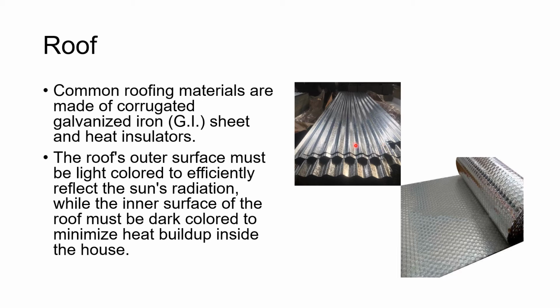And then, galvanized iron kasi itong material na to. And then, you also have yung heat insulator. So, yung ginagawa is nilalagay yung roof and then nilalagay yung insulator. This is to insulate yung heat na pumapasok doon sa loob ng bahay, loob ng housing ng mga animal.